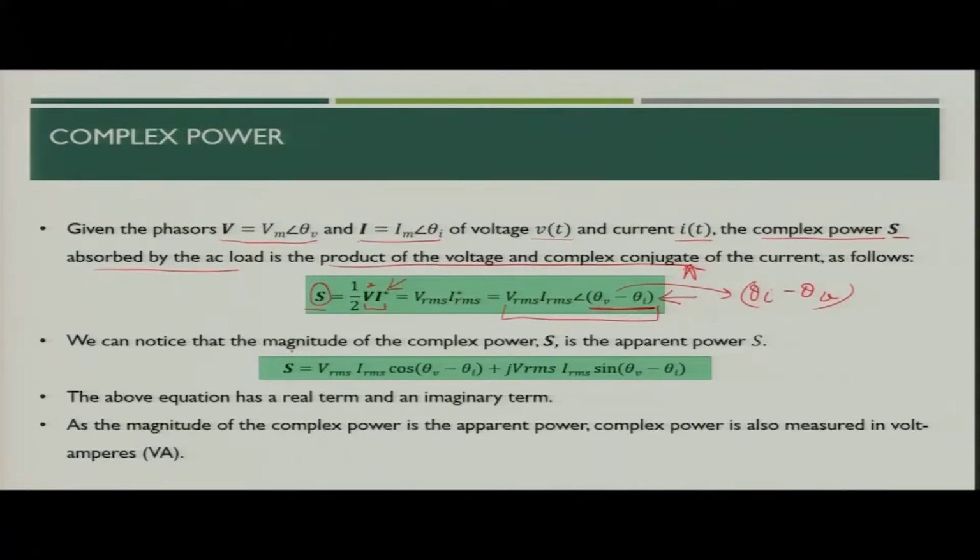Now, you can notice that the magnitude of complex power S is the apparent power, because if you see this term Vrms into Irms, this is our apparent power.